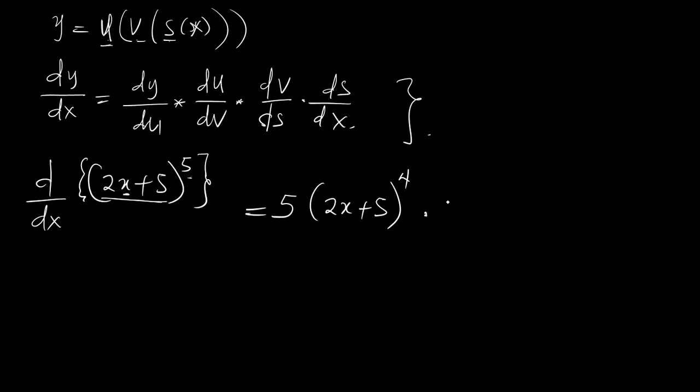So that will be 2. So 2 times 5, you will now have 10(2x plus 5) to the power 4.